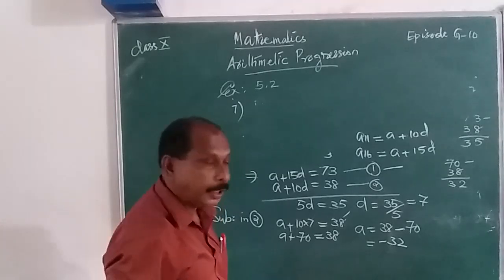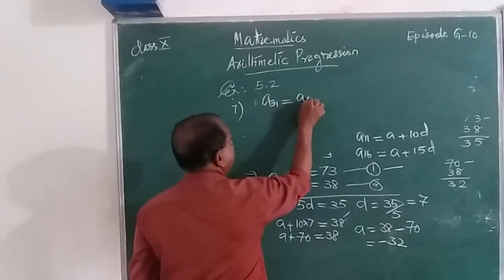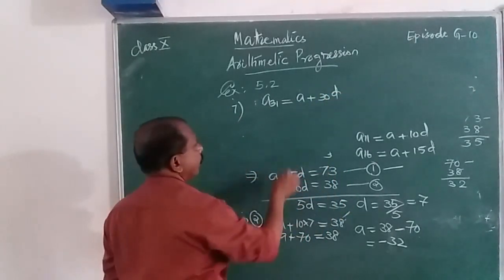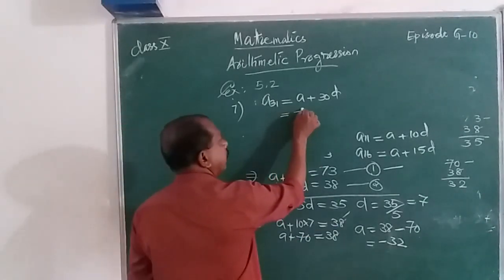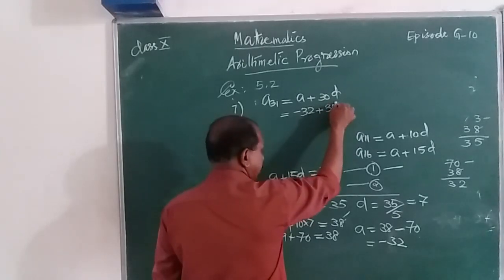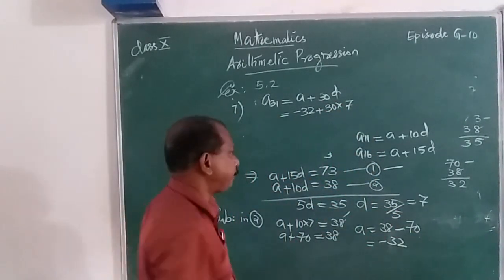Therefore, A1 is equal to A plus D, which is equal to, what is A? Minus 2 plus D. What is D? 7. Clear?